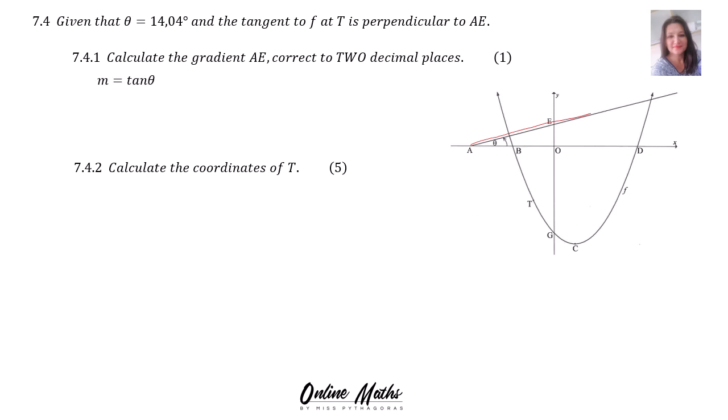So that is a formula that you can use. Theta was given to you, that is 14,04. And remember, m stands for the gradient. So you substitute in theta's place and you work out that the gradient of AE is a quarter, and that is worth 1 mark. So this gradient over there is a quarter.